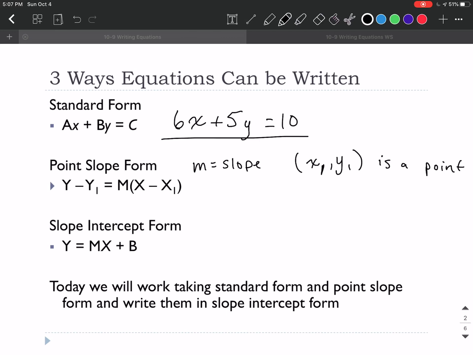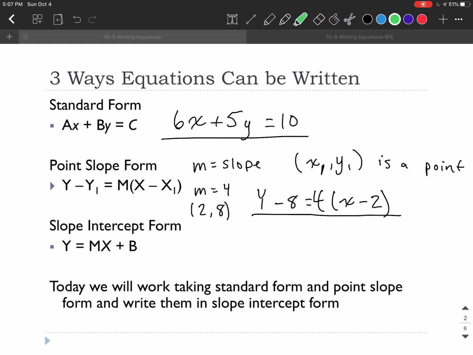So for instance, if our slope was 4, and we're given the point (2, 8), the equation would just be y minus 8 equals 4 of x minus 2. So that's an example of the equation.